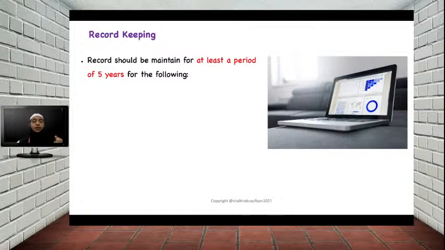Let's see what records need to be maintained. I'm going ahead quickly with those documents because no explanation is required. The first document is the composition of the IAC: who the members are and what their designations are. Secondly, the curriculum vitae of each and every member of the IAC, also of the investigator and the sponsor.